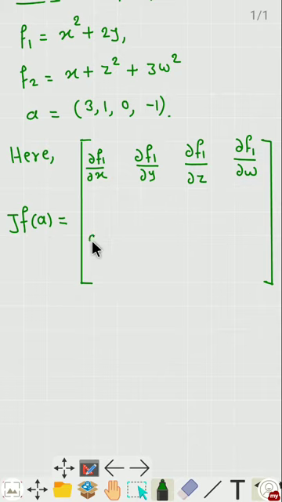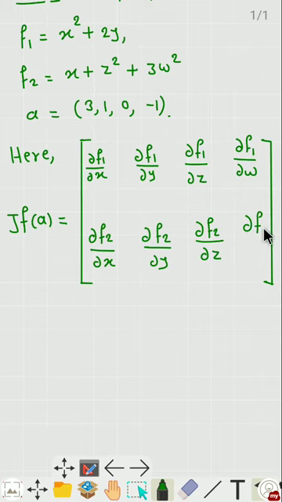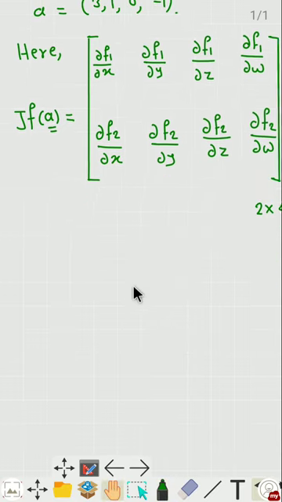The second row is dou f2 by dou x, dou f2 by dou y, dou f2 by dou z, dou f2 by dou w. So this is a matrix of order 2 by 4. And all these partial derivatives we have to find at point A. Okay, so let us try to find now all these derivatives.